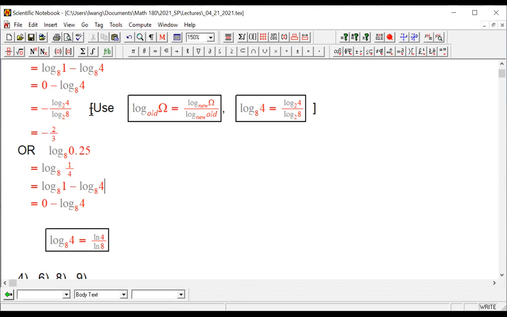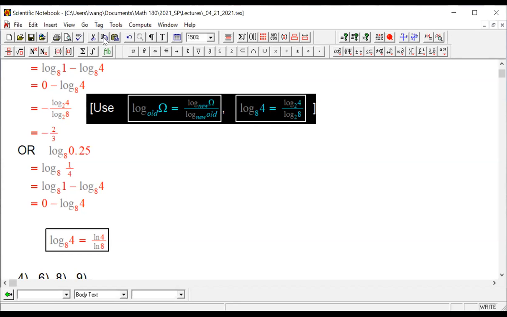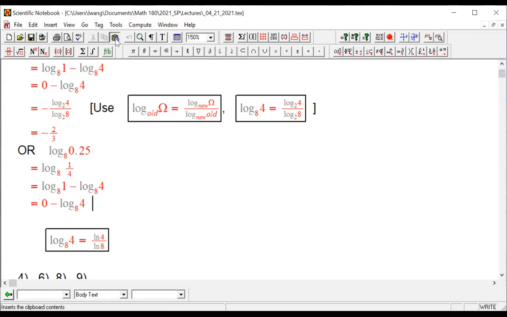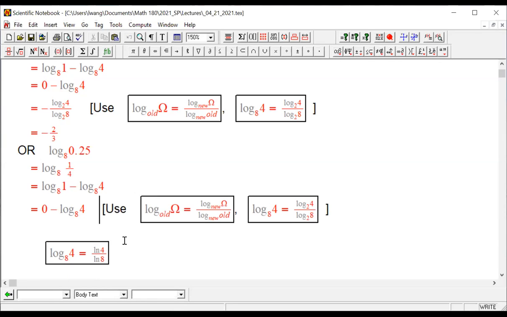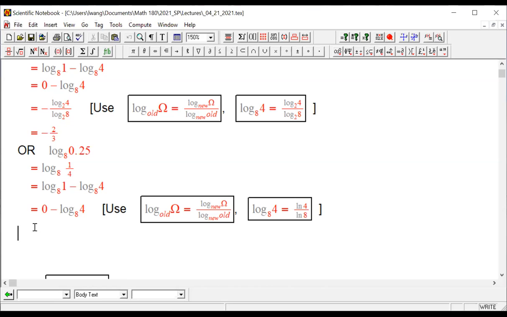So here we're still going to use change of base, but now we use this one. So the next step, we have negative ln 4 over ln 8.